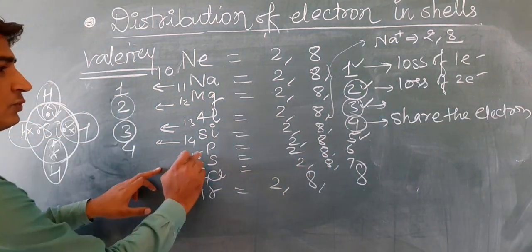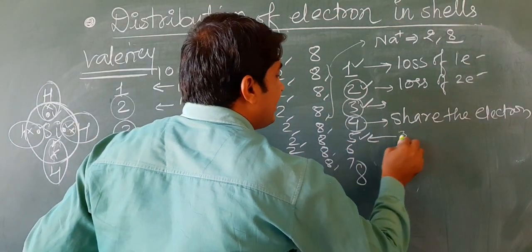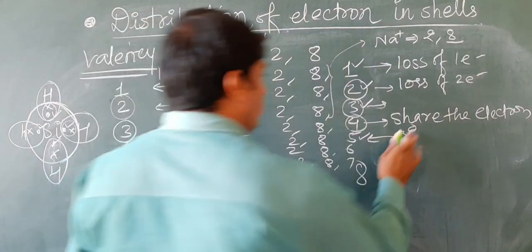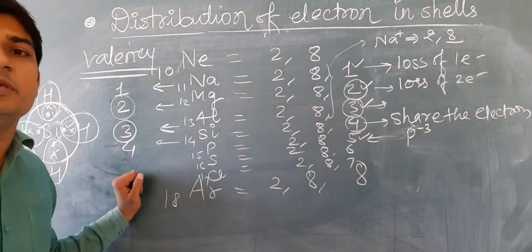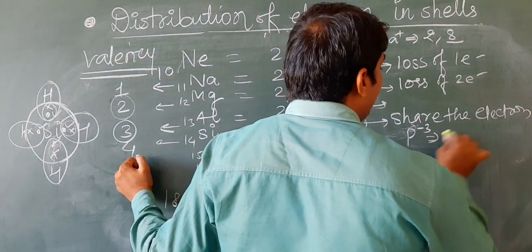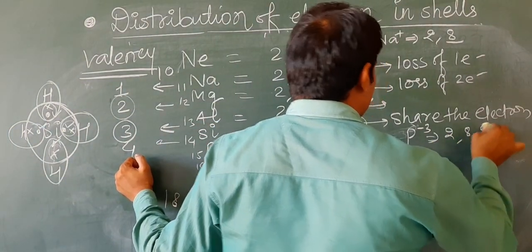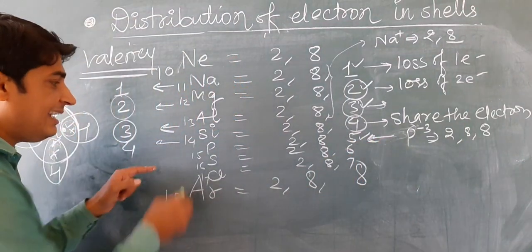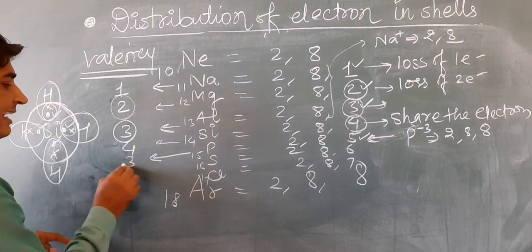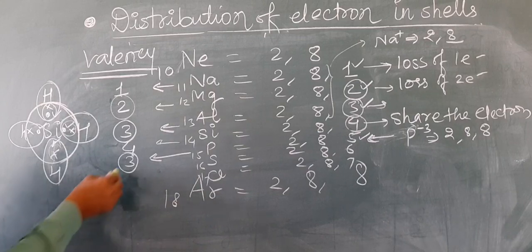So phosphorus accepts 3 electrons to form P3-. What would be the electronic configuration of P3-? 2,8,8, because 3 more electrons are accepted. So 3 electrons are accepted, so the valency is 3. Sometimes we say it is minus 3.